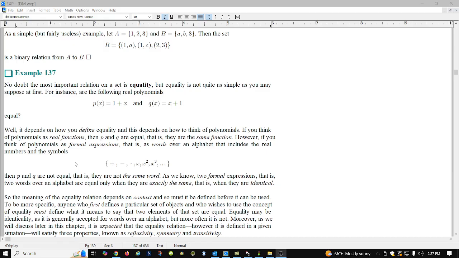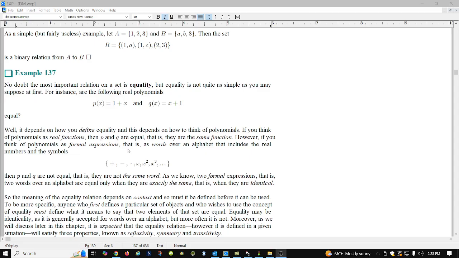So if you think of polynomials as real functions, as you would in calculus, for example, then P and Q, these two polynomials, are equal because they are the same function. For a given input, they produce the same output, and they have the same domain and same codomain. But if you think of polynomials as formal expressions, which you might very well do in contexts other than calculus, you are thinking of polynomials as words over an alphabet.